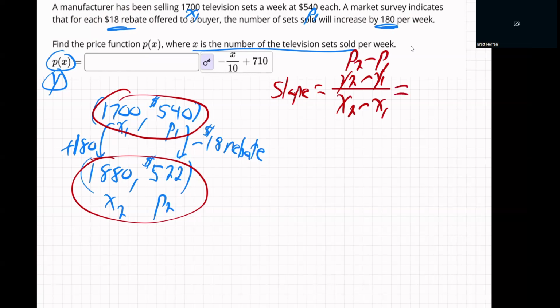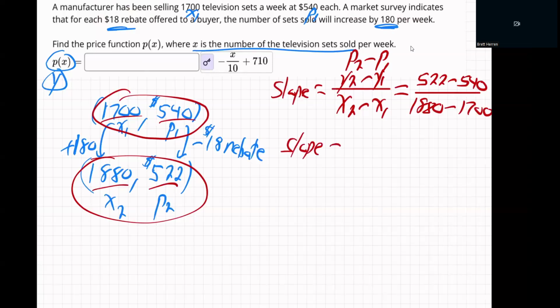So, all right, what do we got? P2, P1. So 522 minus 540 over x2 minus x1, 1,880 minus 1,700. Okay, let's simplify that.